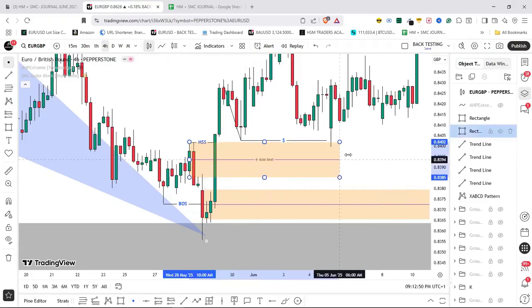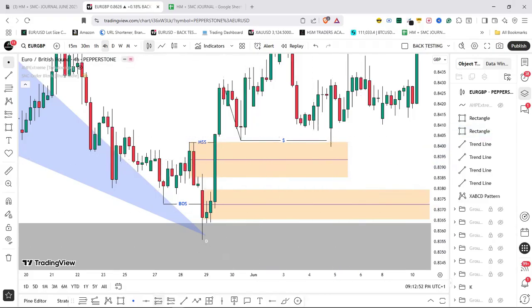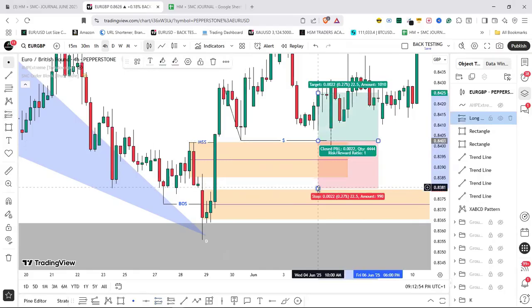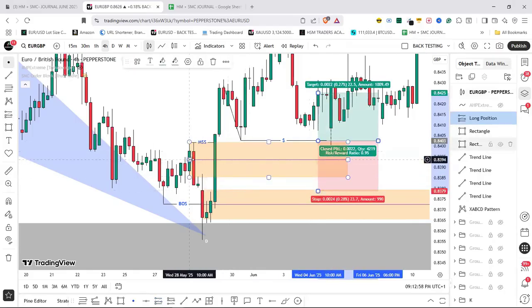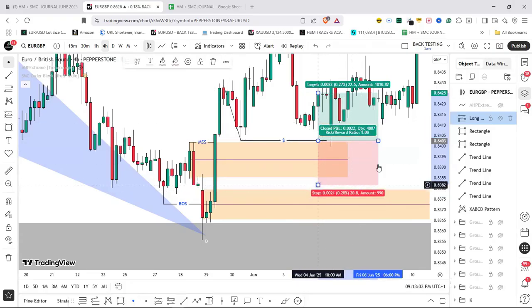This is the one we'll be using. And you can see how price came there and tagged that place. Your stop loss, of course, is going to be just a few pips below the low of this block. That is a very good place to put your stop loss.